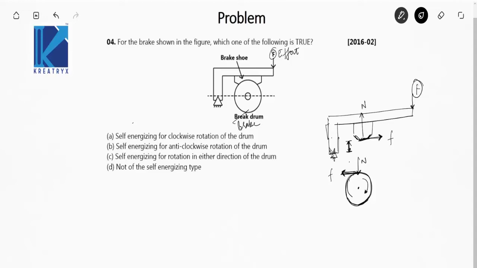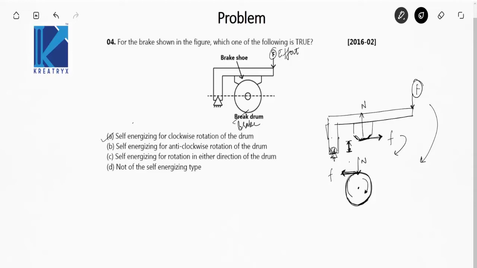So the moment due to friction about this hinge is in clockwise direction, and due to effort also it is in the clockwise direction. So I can say that for the clockwise rotation of the drum, the brake will be self-energizing, that is option A.